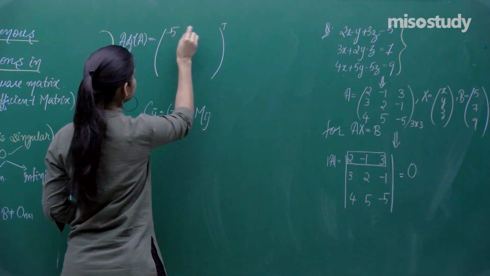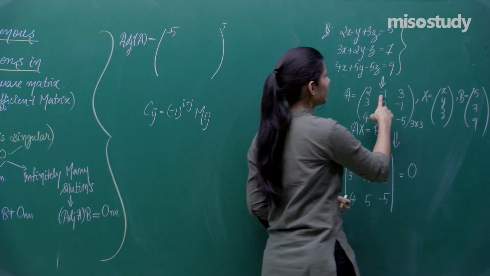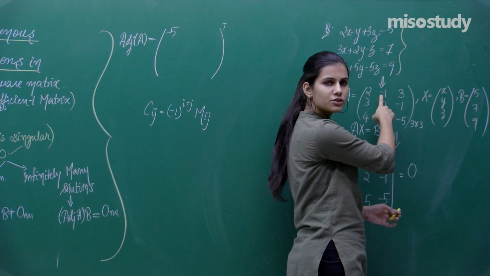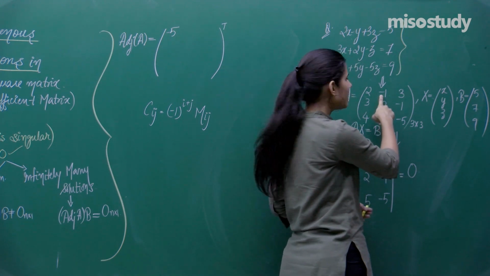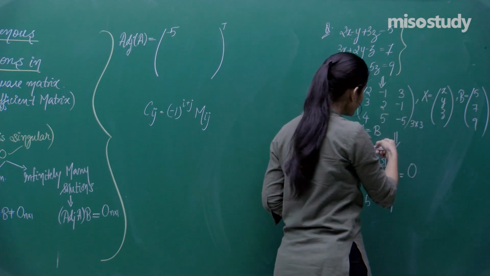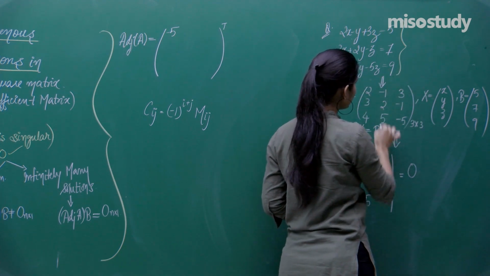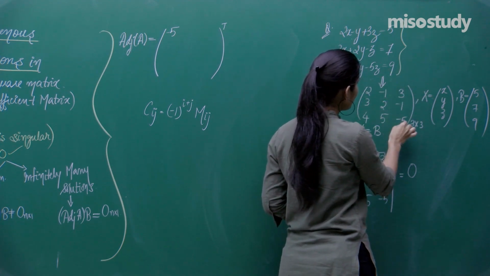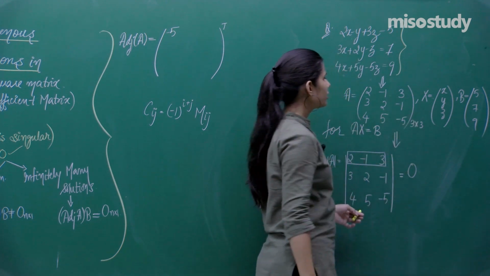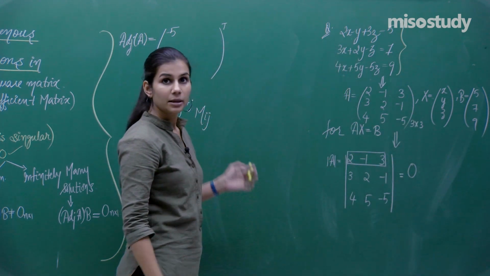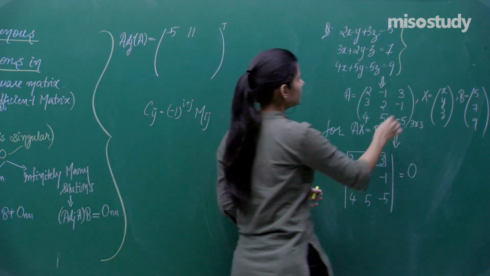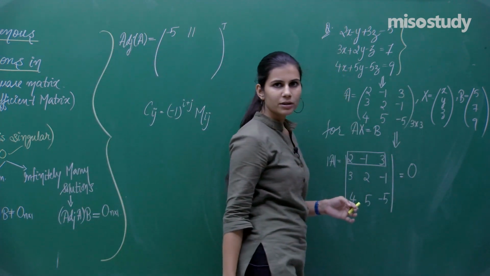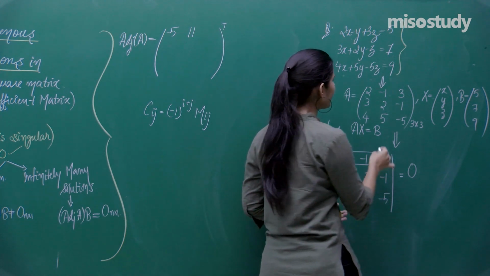Next you have the 1/2th element, (-1) to the power 1 plus 2 is -1, so a negative will be multiplied with its minor. Delete the first row and second column. What you get is -15 plus 4, which is -11, but the minus will be multiplied, so it becomes 11. Then you have the 1/3th element, (-1) to the power 1 plus 3 is 1, so nothing will be multiplied to the minor of 3.